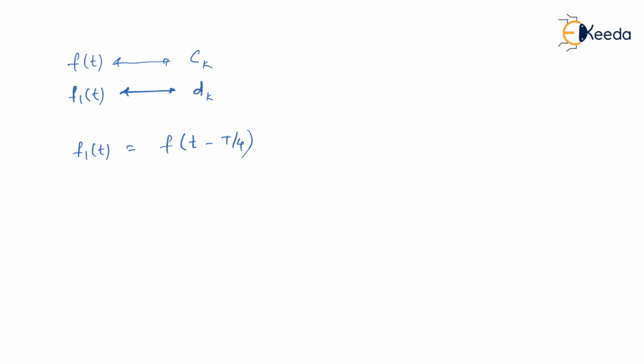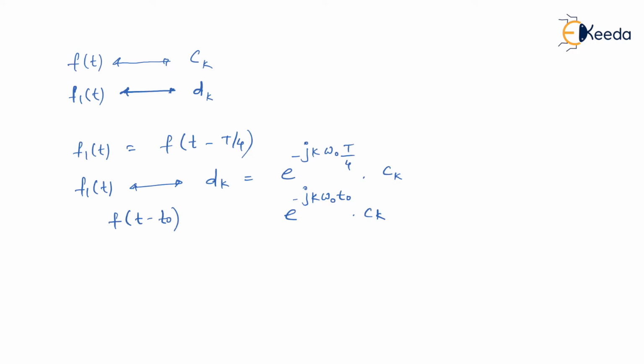In that case, f1 of t will have Fourier series coefficient dk, which is equal to e to the power minus j k omega naught T by 4 times ck, because by property it is e to the power minus j k omega naught t naught times ck for f of t minus t naught.